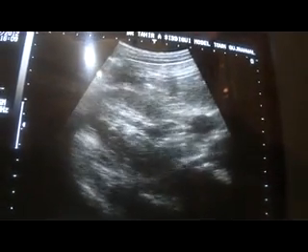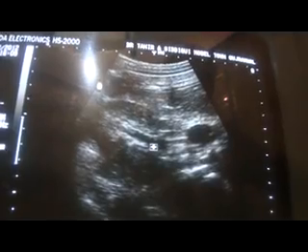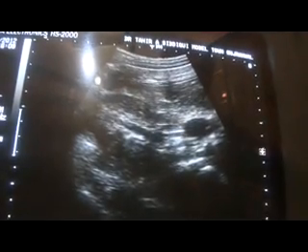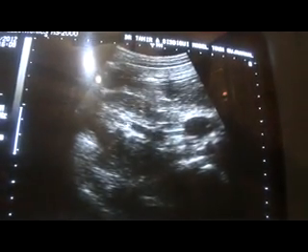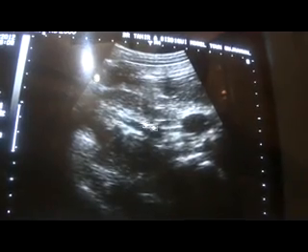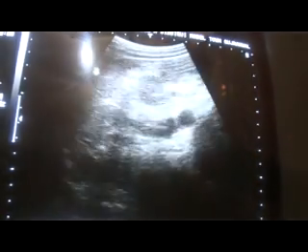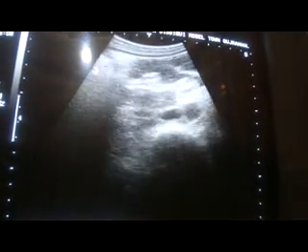See the kidney in transverse section. You can see the right renal vein entering the kidney. Now I am sweeping down. Bowel gases.